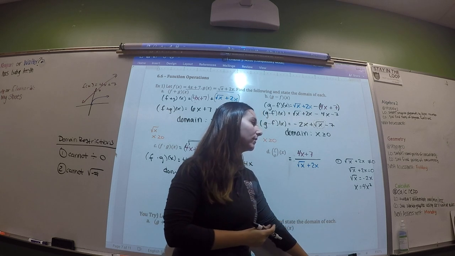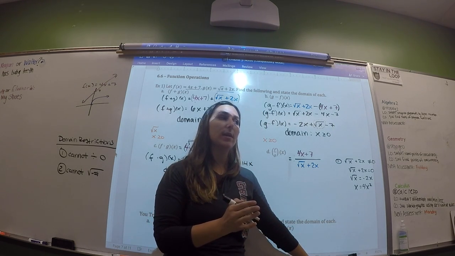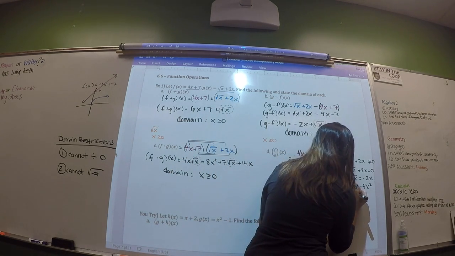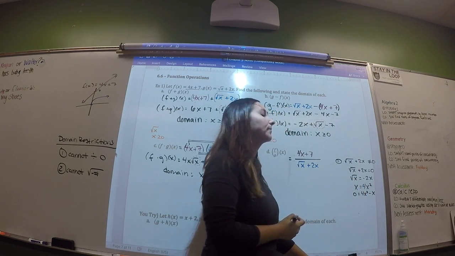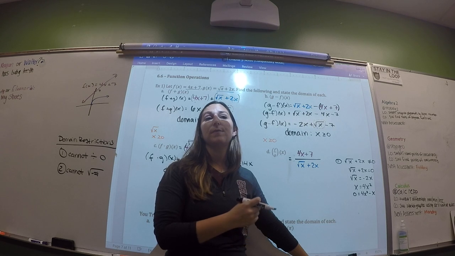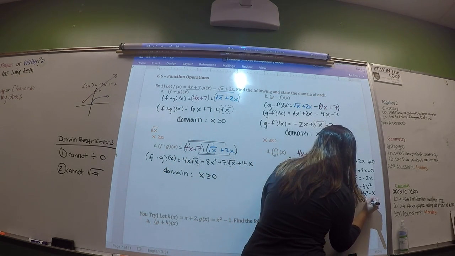Because when you square the -2, you get 4. When you square x, you get x squared. Then what you would do is subtract x, and then factor out a greatest common factor, which is x.